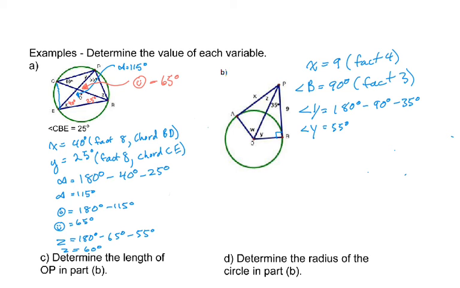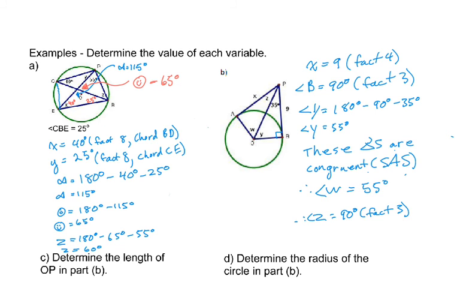So therefore, these triangles are congruent. Therefore, W is also equal to 55 degrees, and Z is also equal to 90 degrees. But that's also from fact 3. Now we'll move on to example C.